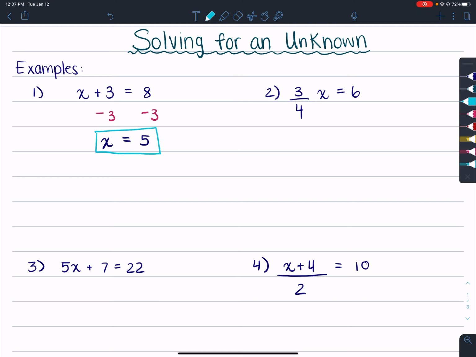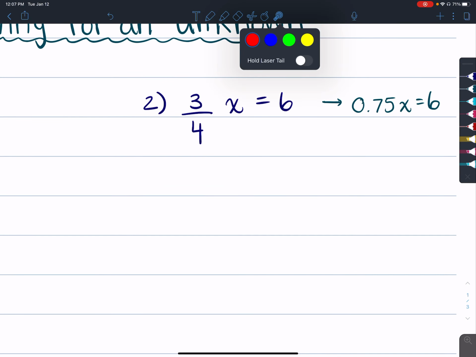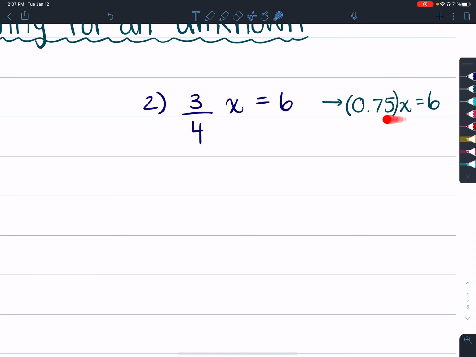Okay, so that was a bit of a simple example. Number 2 here is a little bit more complicated. You have 3/4 of x gives you 6. There are a few ways that you can do something like this. You can change it to a decimal if you'd like to. So if you wanted to rewrite this as 0.75x equals 6, notice that the operation between my 0.75 and my x is a multiplication.